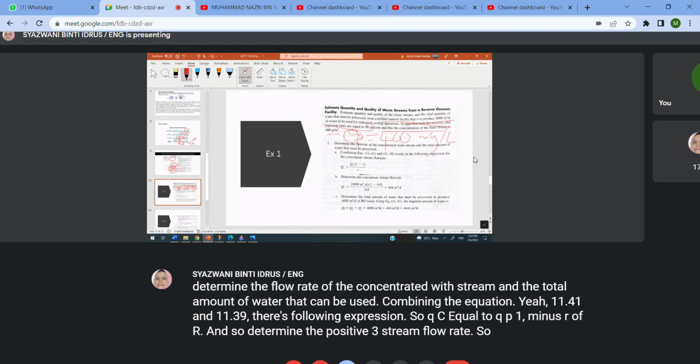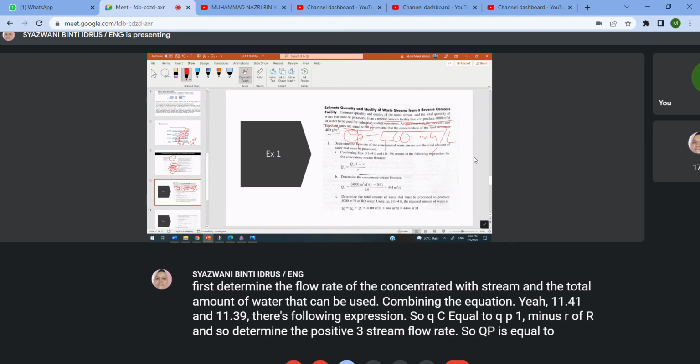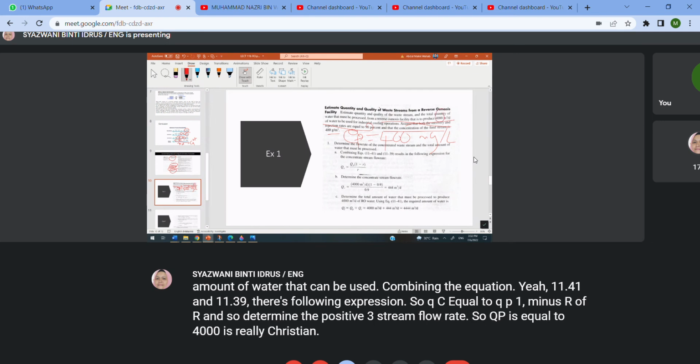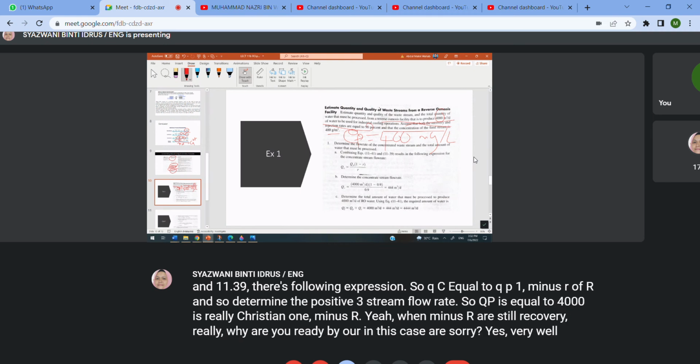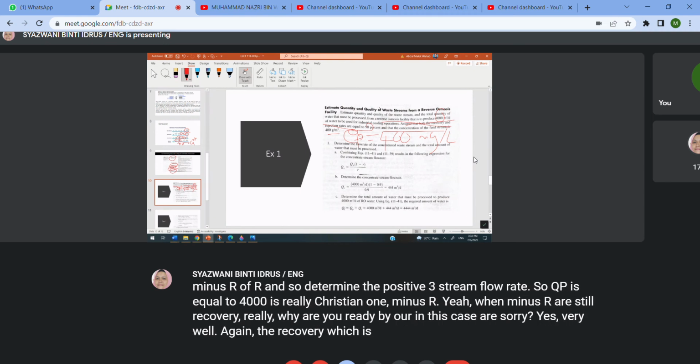QP is equal to 4,000, which is given in the question, times (1 minus R) divided by R, where R is the recovery rate, again, which is 0.9.